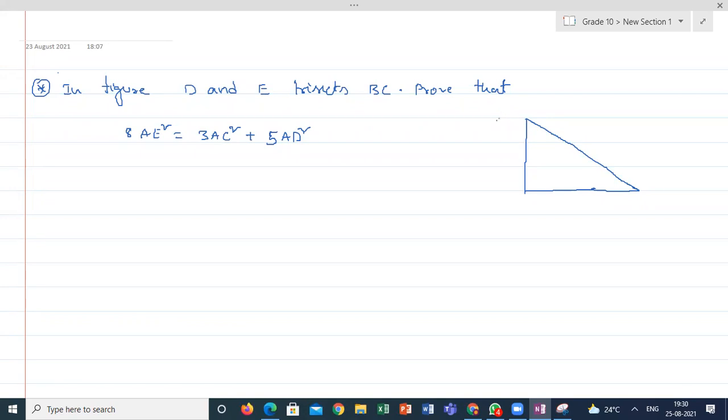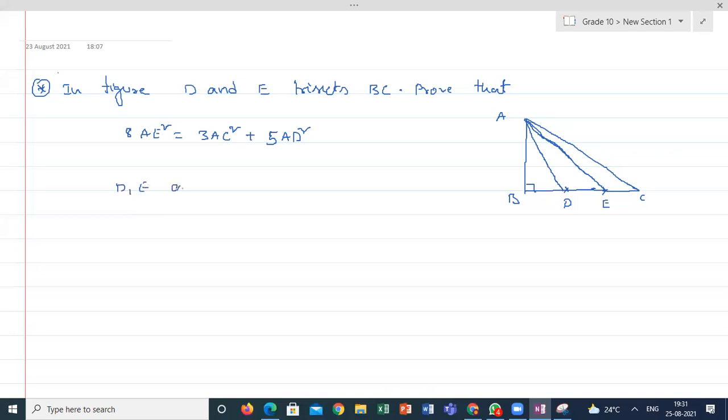That means A, B, C. What is the meaning of trisection, guys? Not bisecting, trisecting. Trisecting means D and E divide BC into 3 equal parts.